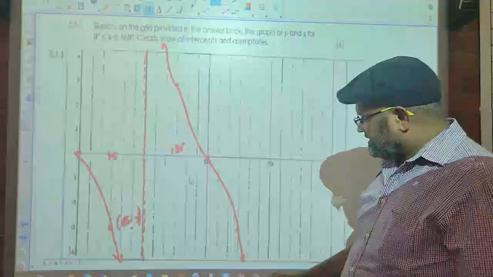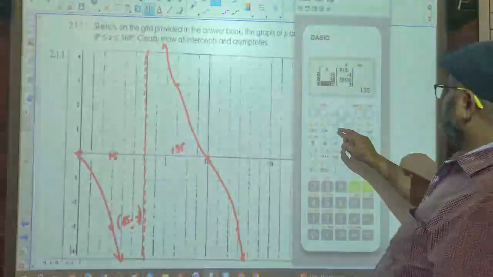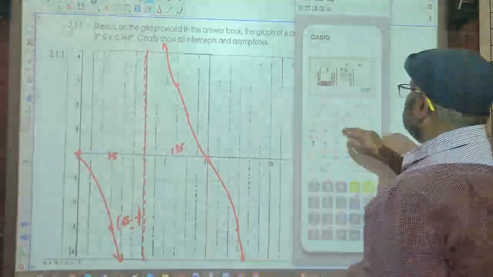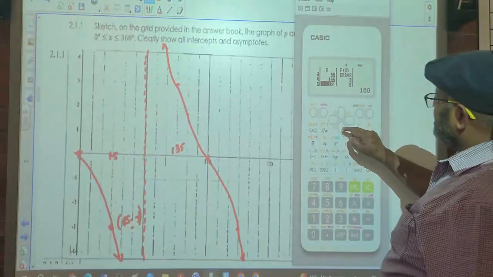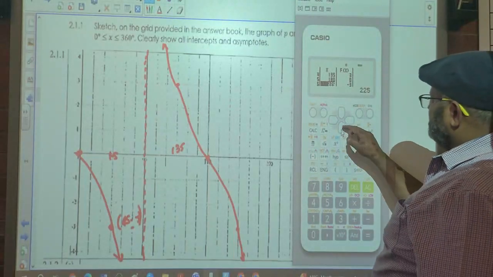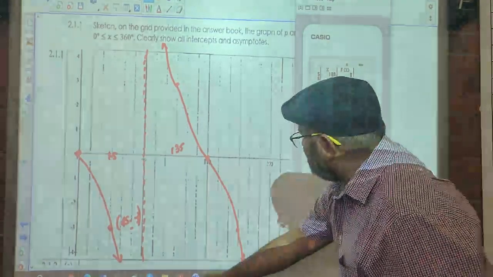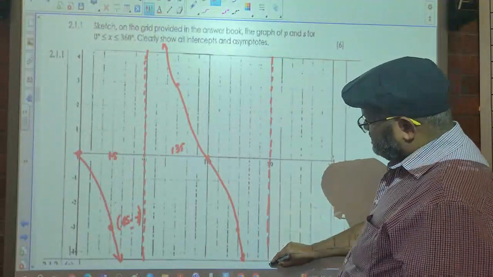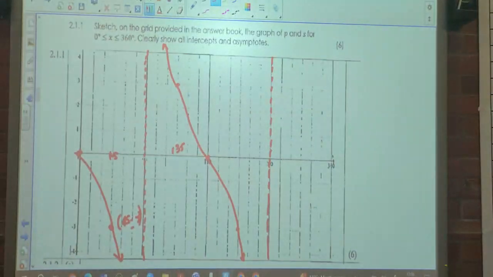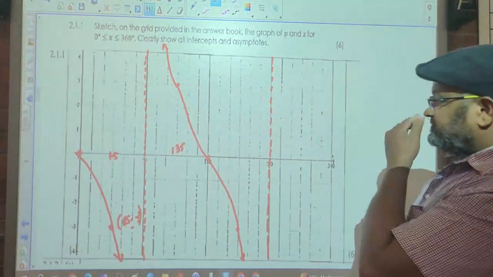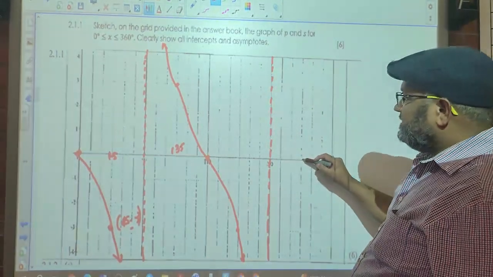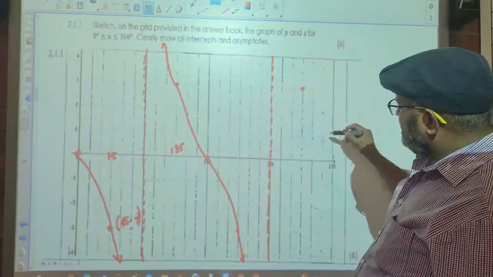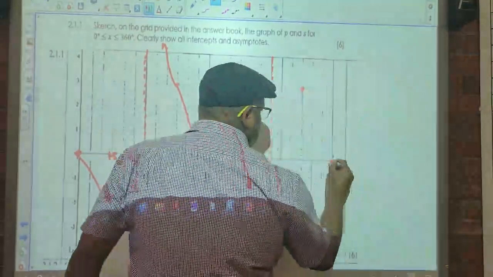Then you go on, and where's the next asymptote? The next asymptote is at 180 was 0 as I indicated there. 225 was negative 3. 270 is again an asymptote. So on this line here, x is equal to 270. Okay. And then 1, 2, 3 will be at 3. 360 will be 0.